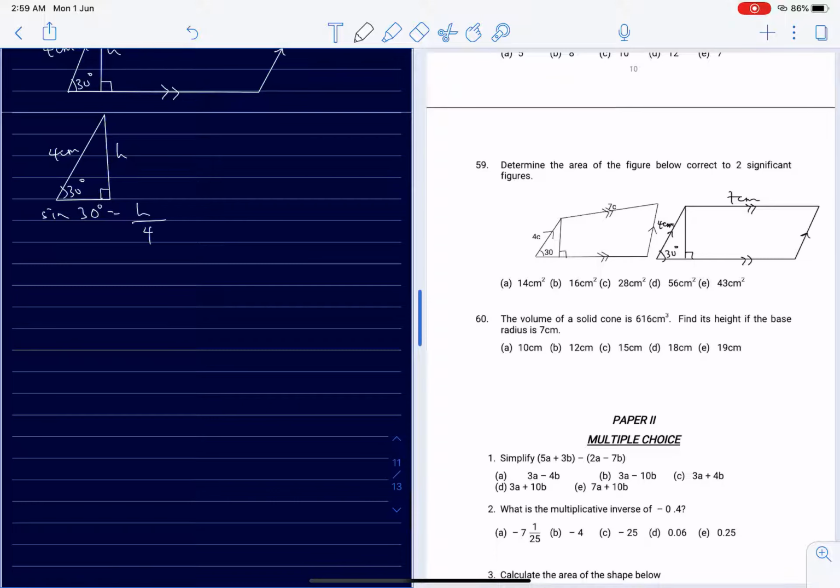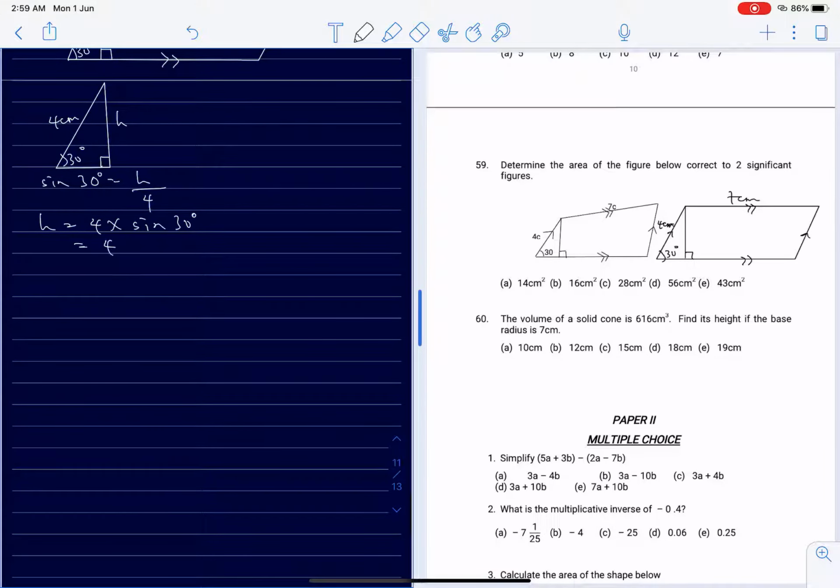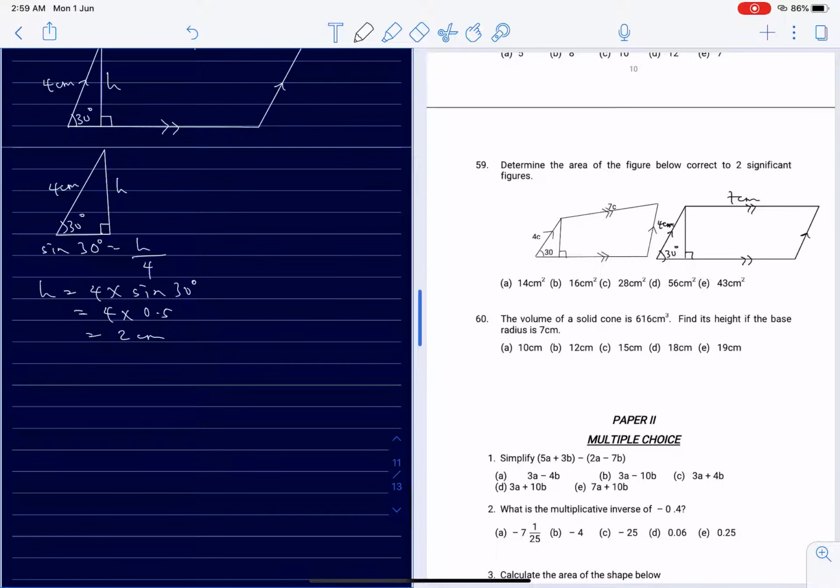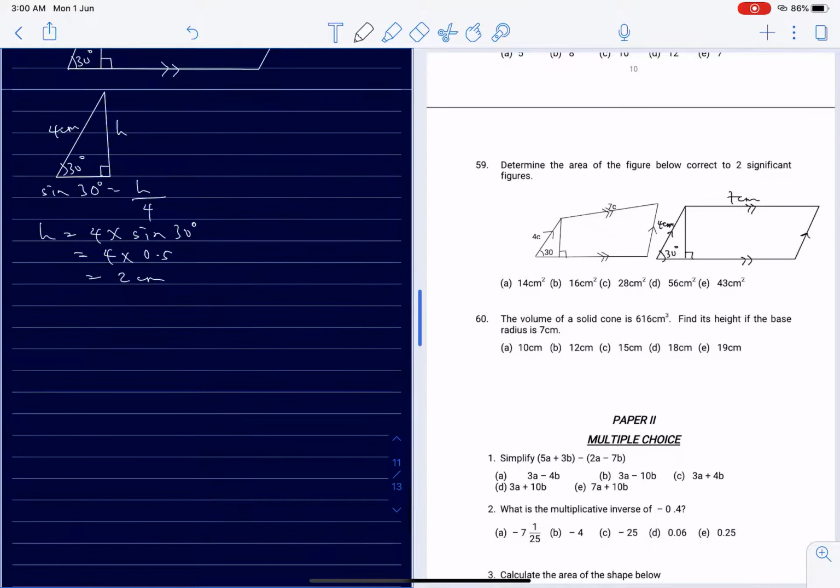That means h equals 4 times sine 30 degrees, and that's 4 times 0.5, which is 2 centimeters. Now, I know the height, so I can find the area.